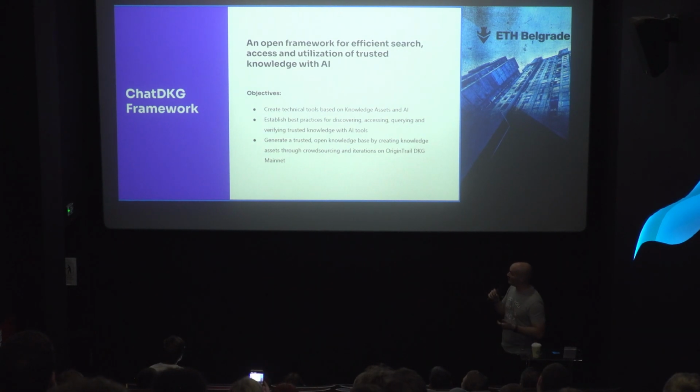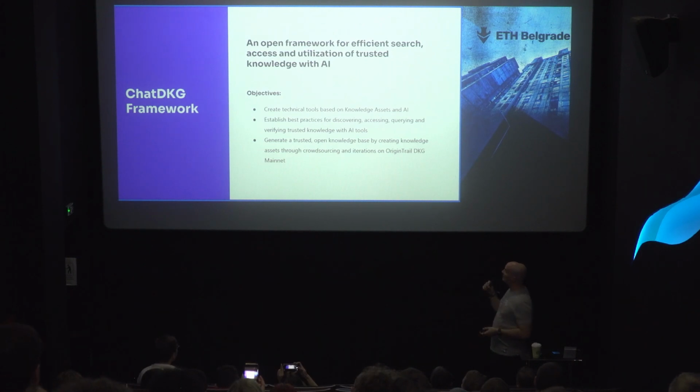So what is this framework about? Basically, the idea is to create an open framework, which is relatively broad, which focuses on search, really utilization and access of trusted knowledge. And the idea is to build components that somehow either integrate or are already AI-based or integrate with AI solutions so that you can basically bring the trusted knowledge into the AI space.